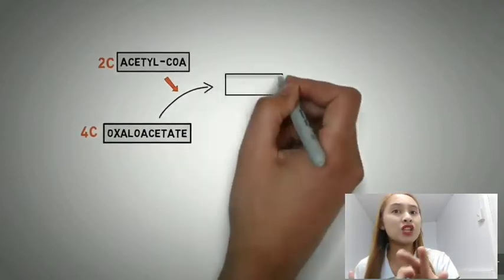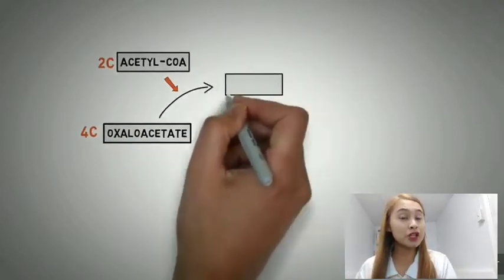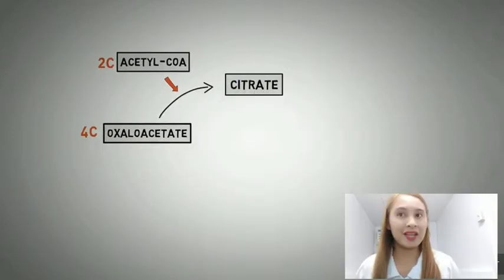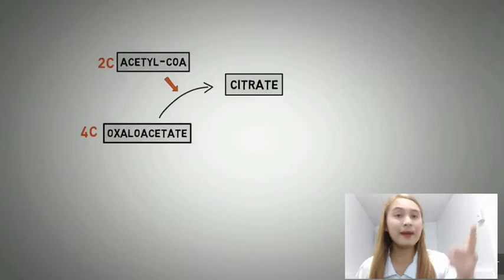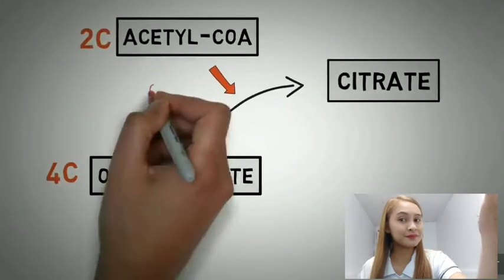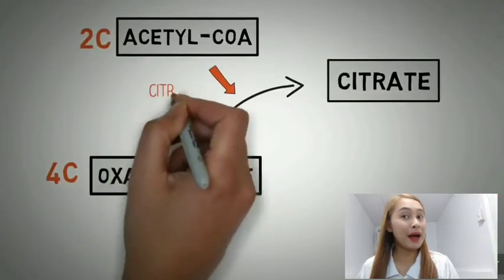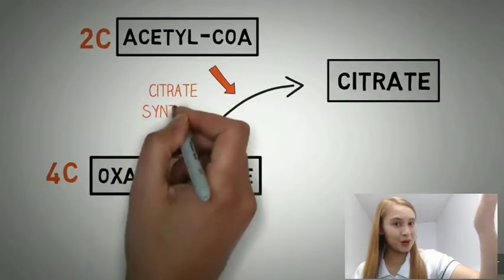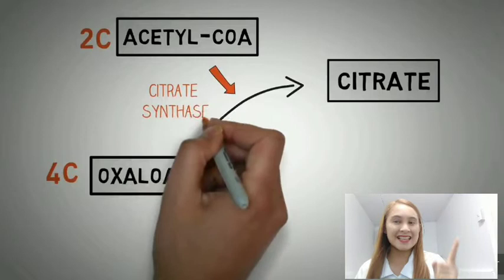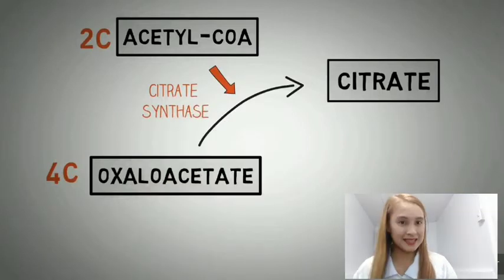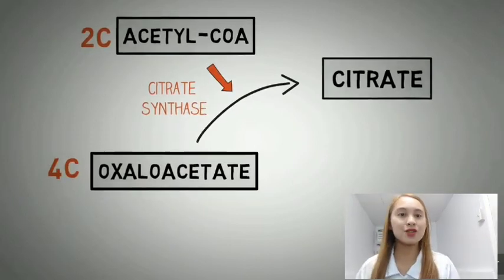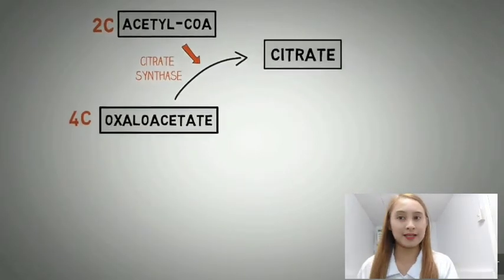So this combination leads to the formation of, anyone? Yes, citrate. How many carbons does citrate have? A 6-carbon compound. And this reaction is made possible by the enzyme known as, yes, citrate synthase. Let's show the reaction that happens in this step.